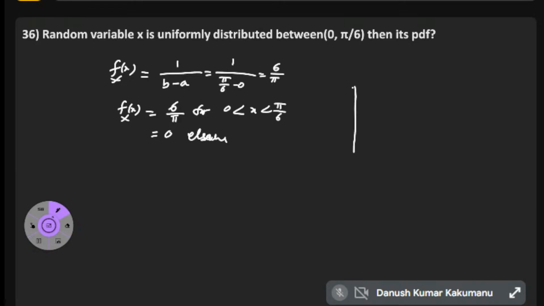Another name for the uniform distribution is rectangular. From 0 to pi by 6, the height is 6 by pi. Understanding? No confusion?